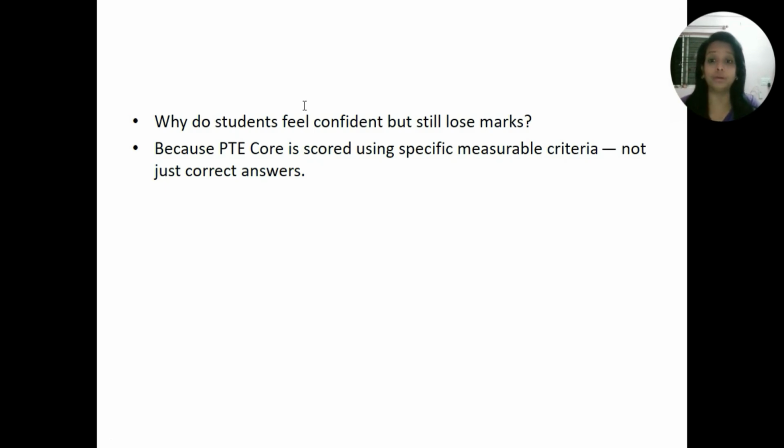Because most students prepare for PTE Core the wrong way. They focus only on getting answers correct. But PTE Core is not marked like your school exams. It is not simply about right answers and wrong answers. It is marked using very specific scoring criteria.